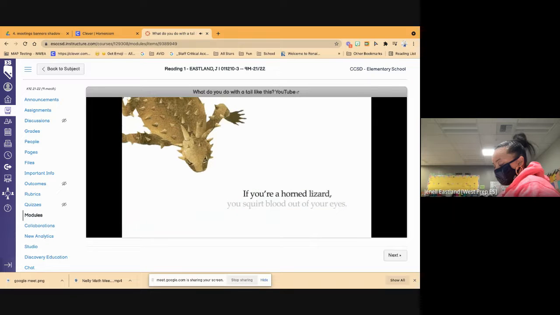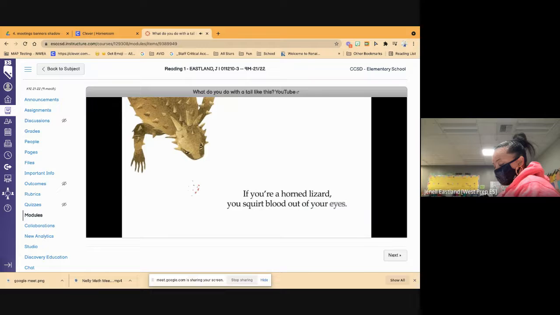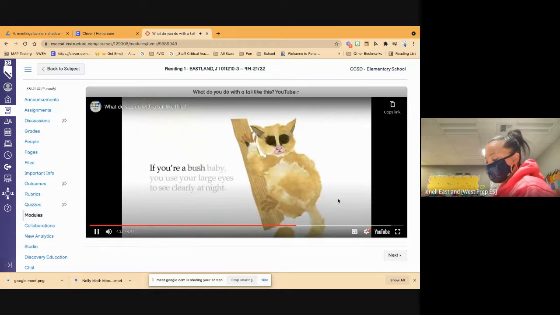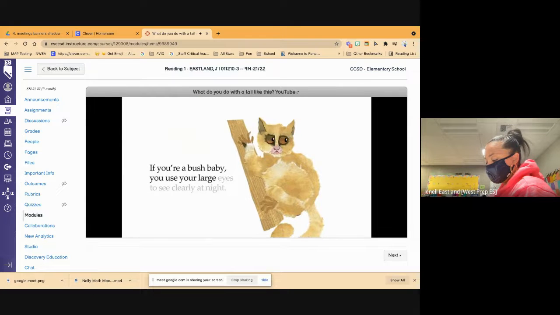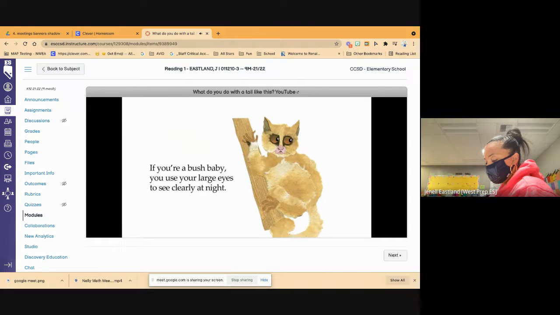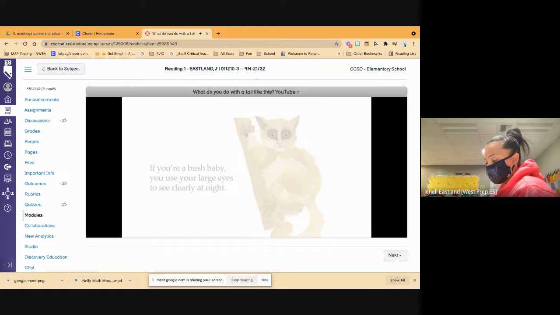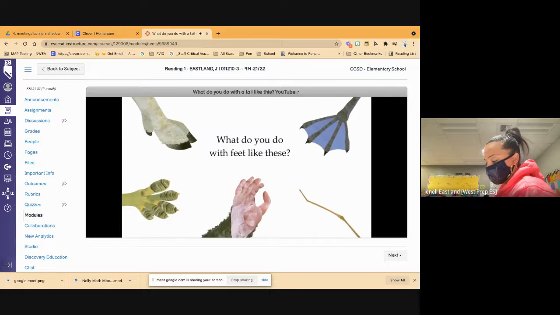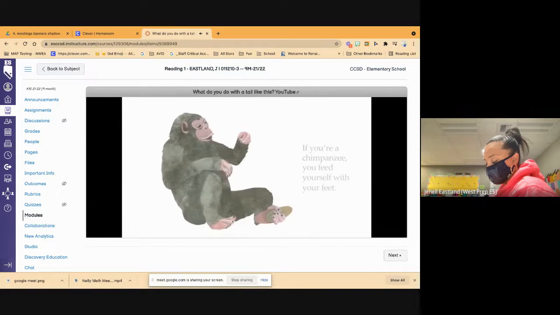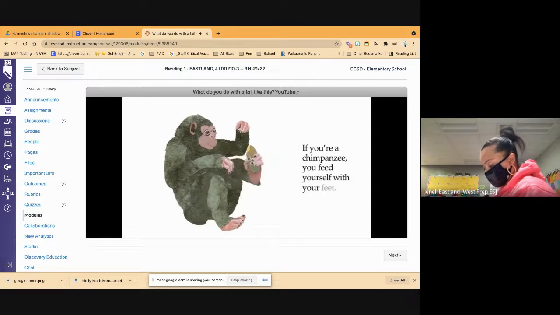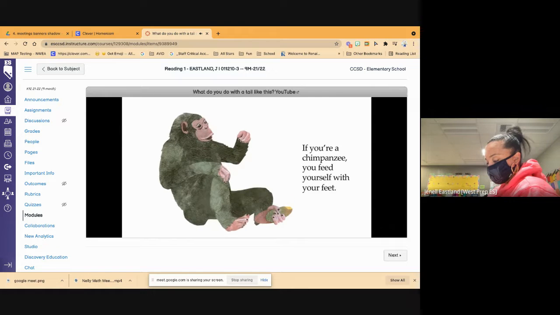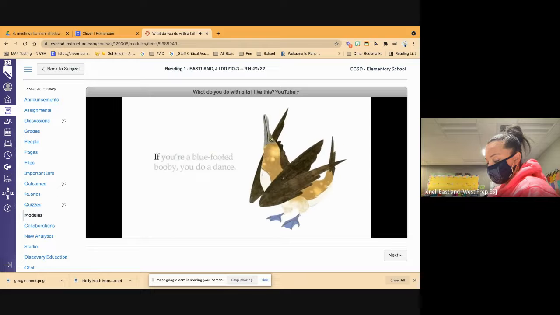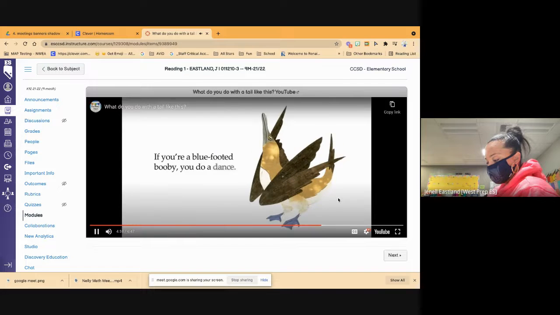If you're a horned lizard, you squirt blood out of your eyes. If you're a bush baby, you use your large eyes to see clearly at night. What do you do with feet like these? If you're a chimpanzee, you feed yourself with your feet. If you're a blue-footed booby, you do a dance.